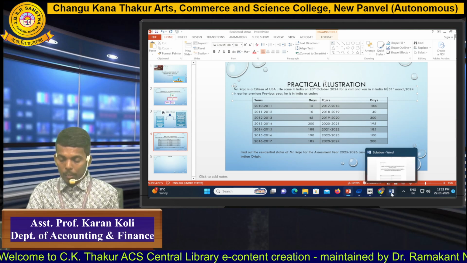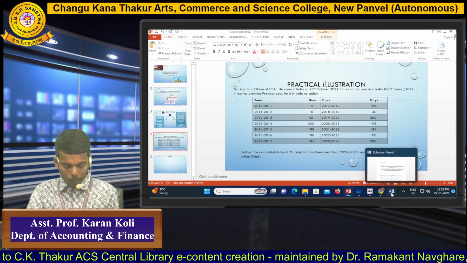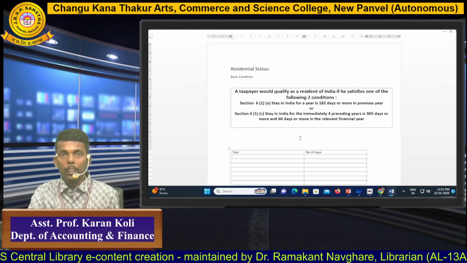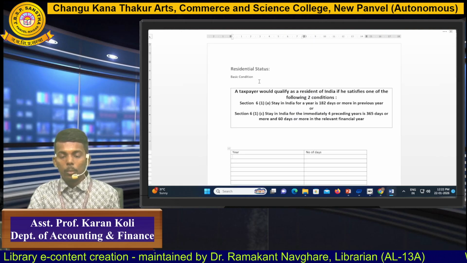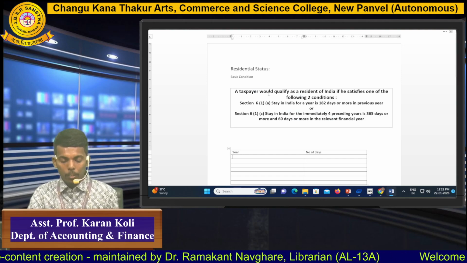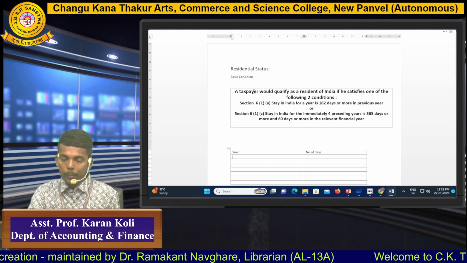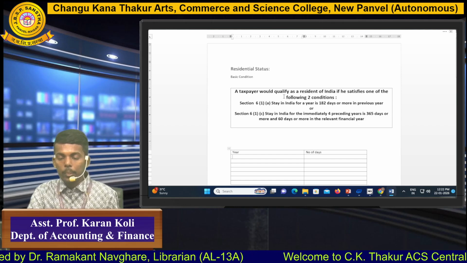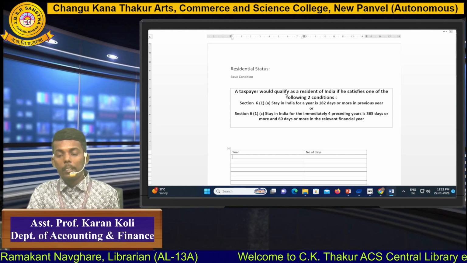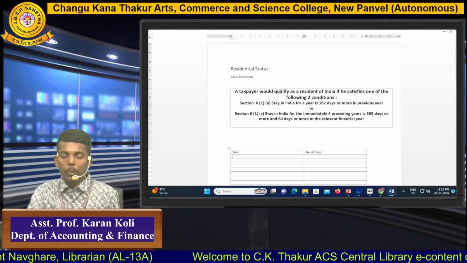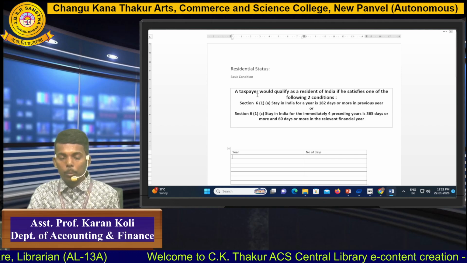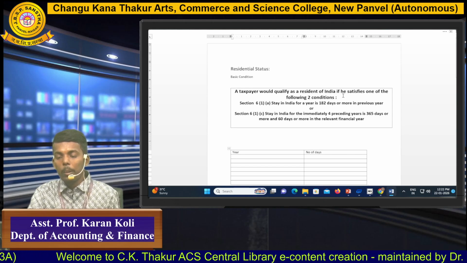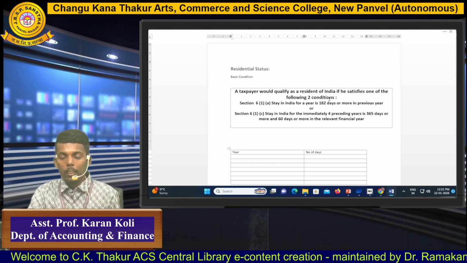So first of all, we are determining resident or non-resident status with the help of the basic conditions. Again, we understood two basic conditions which help to determine the residential status of an individual. All students, a taxpayer will qualify as a resident of India if he satisfies one of the following conditions.